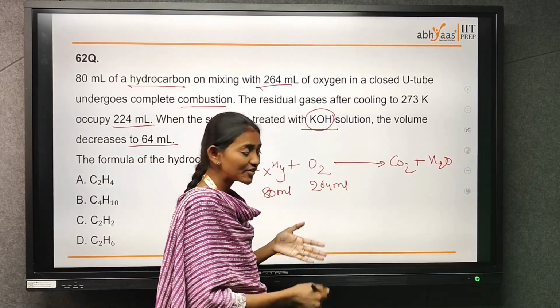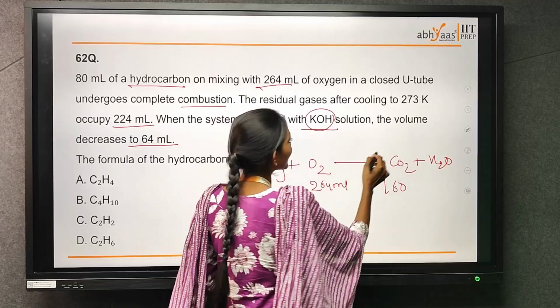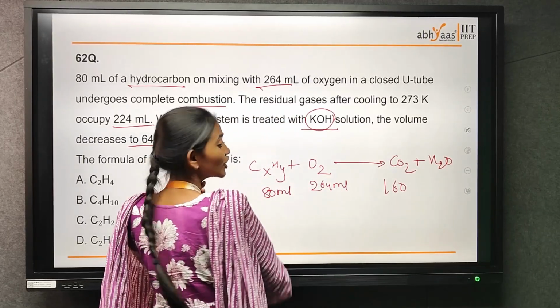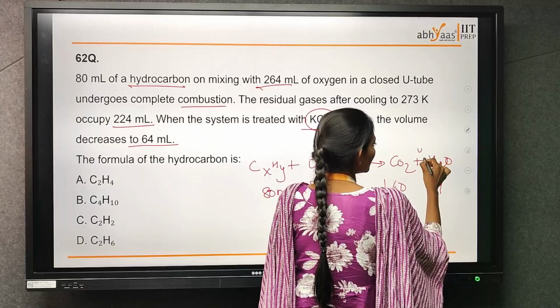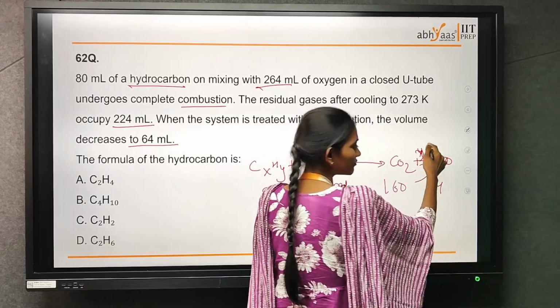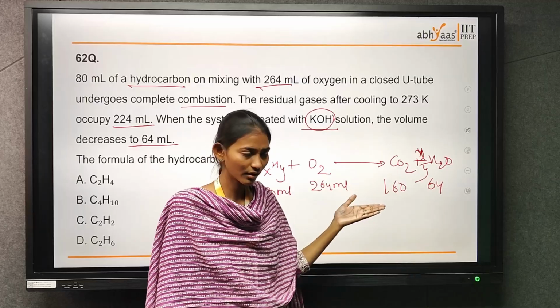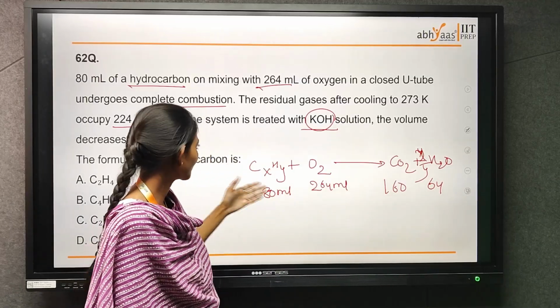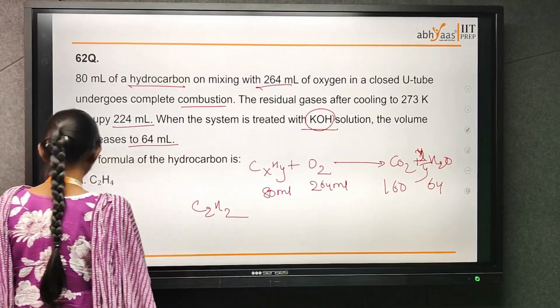Then you have 160. And coming to the hydrogen, you have 64, meaning x by y cancels. Then after doing the solution, you will get the answer C2H2.